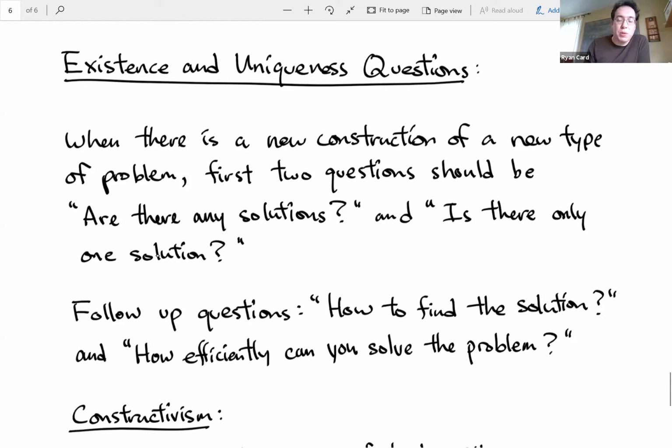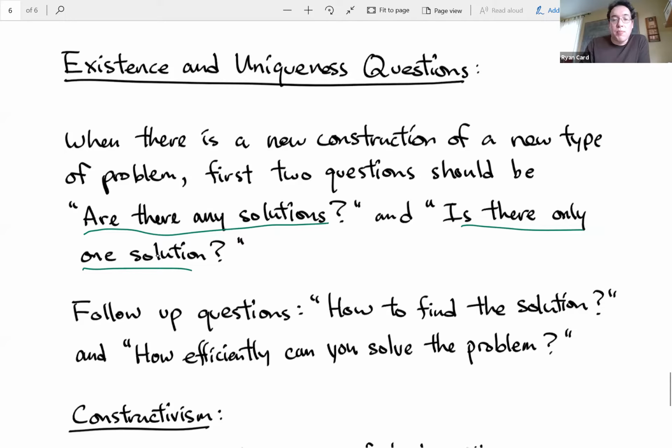And anytime you have a new construction or new type of problem, the two questions you should first answer are, are there any solutions, or is there only one solution? Is there more? So if you've taken a course on differential equations or matrix algebra, you might be familiar with those types of questions that get asked in those settings.